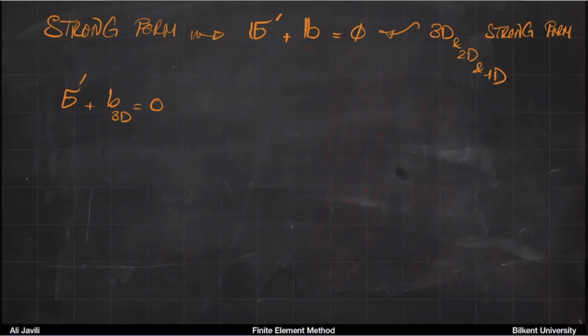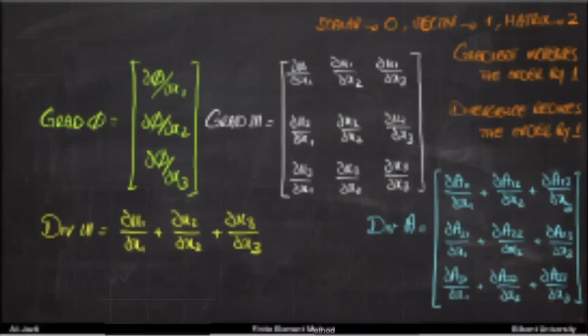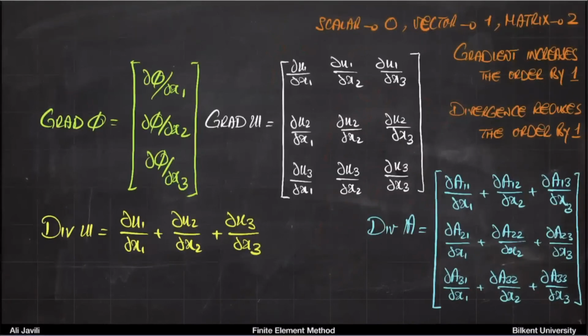The only thing that is still a little vague here is this prime. What do I mean by prime? Because if you remember, we just said, if you have a second order tensor, you can have three different primes. It could be a gradient, divergence, or curl. So which one is it?